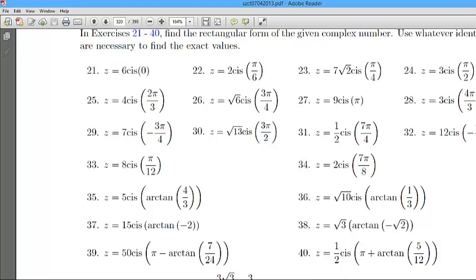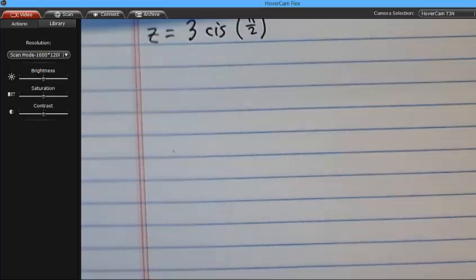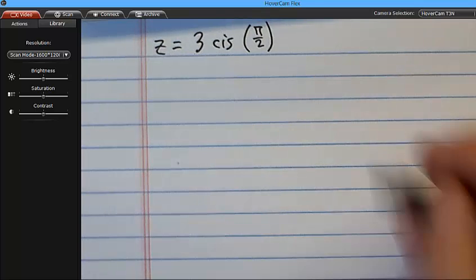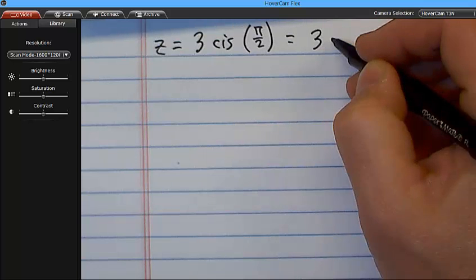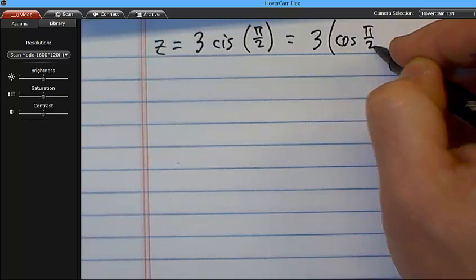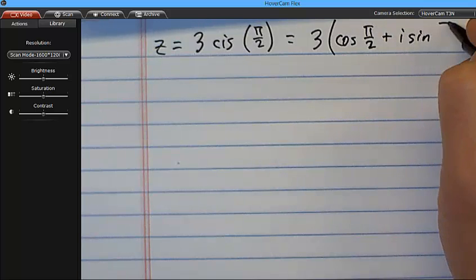So he writes z equals 3 cis pi over 2. Okay? And so that's in polar form. And we want to write what the complex number looks like. Again, this is shorthand. What it really means is 3 times cosine of pi over 2 plus i sine of pi over 2.